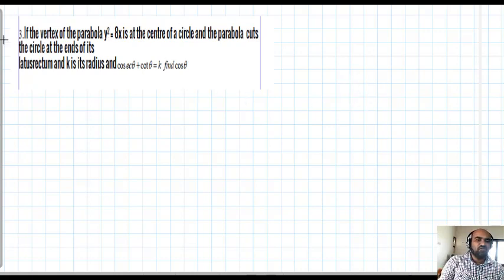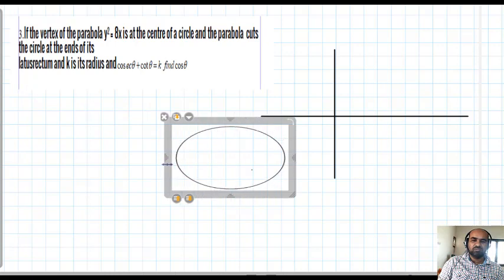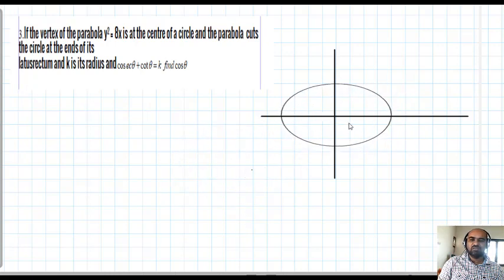Okay, I will show you through a diagram. First of all I want to draw the diagram for that. So this is the circle whose center is 0 comma 0.